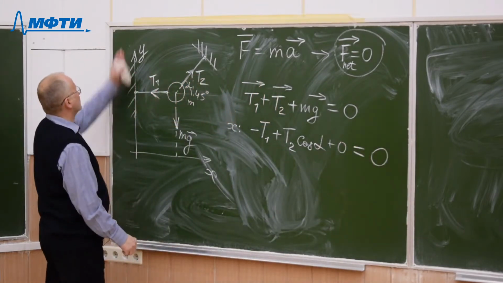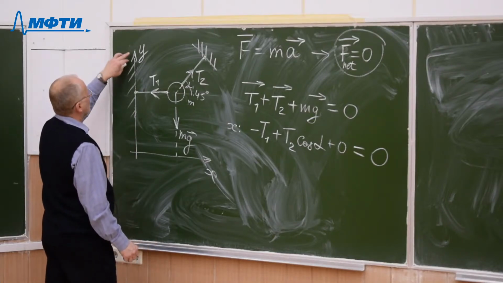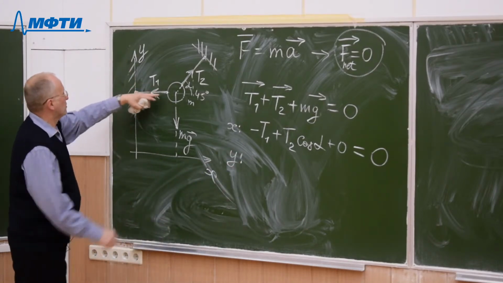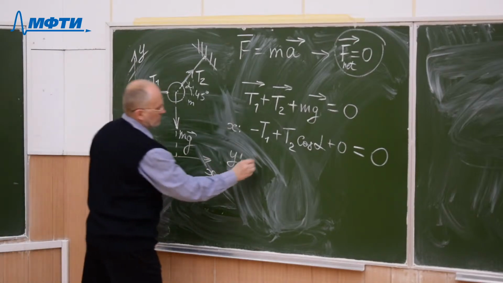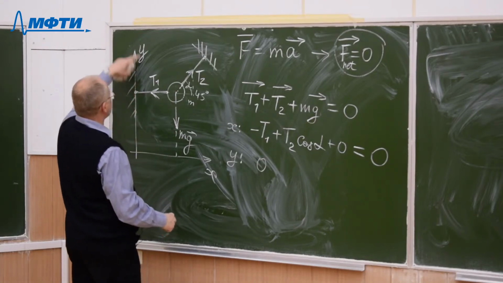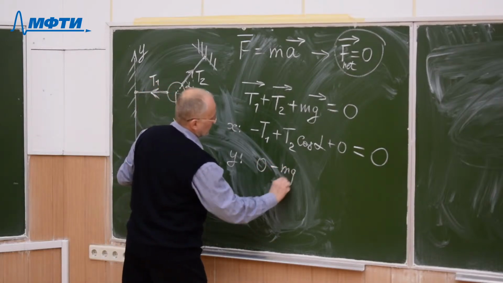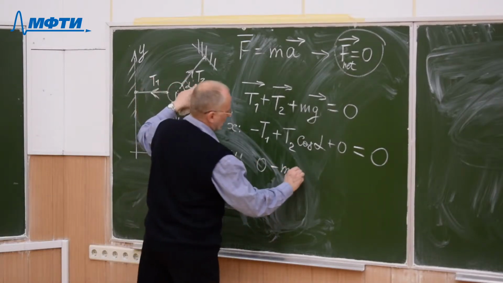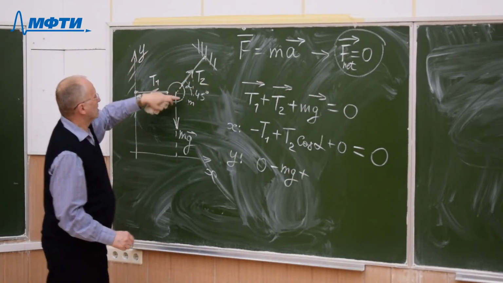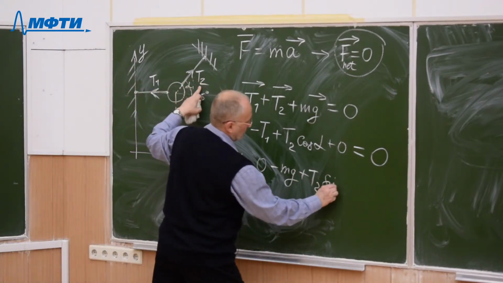And now consider the same vector equation as it looks from the y-axis. The projection of vector T1 is 0 on the y-axis. The projection of mg is negative because the y-axis is directed upward, so minus mg. And the projection of vector T2 is positive because it looks in the positive direction. It will be T2 sine alpha.